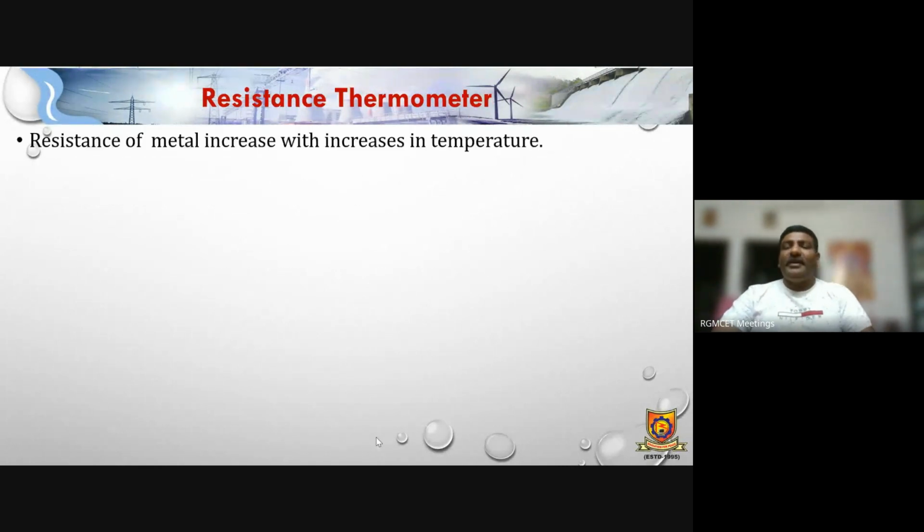And the resistance thermometer, nothing but RTD. Here the characteristics are linear, increasing characteristics with respect to temperature and the value of resistance. As temperature increases, resistance increases, nothing but a positive temperature coefficient type of material, right?